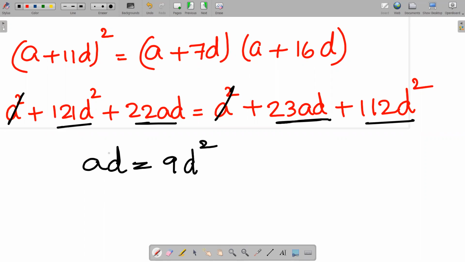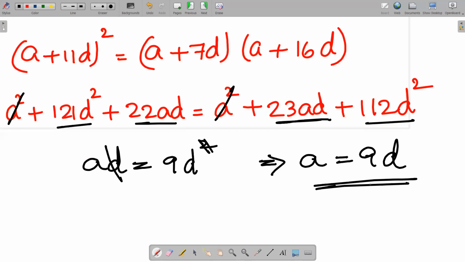I can cancel one D here, and I get the result A equal to 9D. Please make a note of this result: A is equal to 9D.